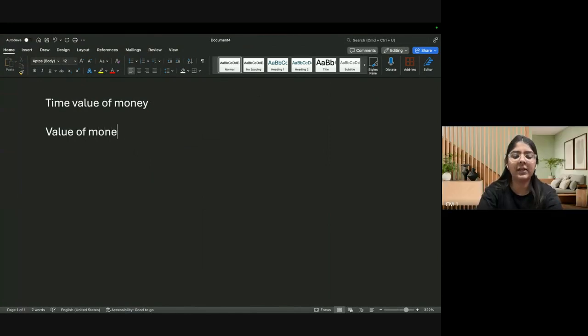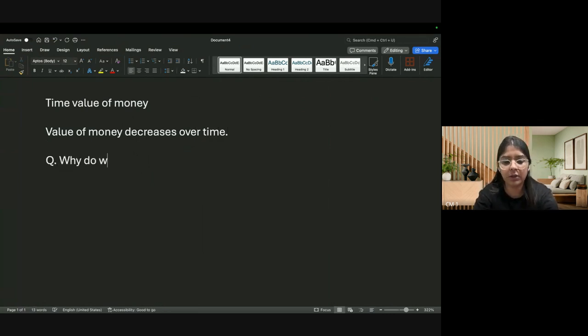So the first thing that we learn today is that the value of money decreases over time. Now I asked you a question as to why we pay interest, right? So the answer to this, the first point we have discussed, is opportunity cost.